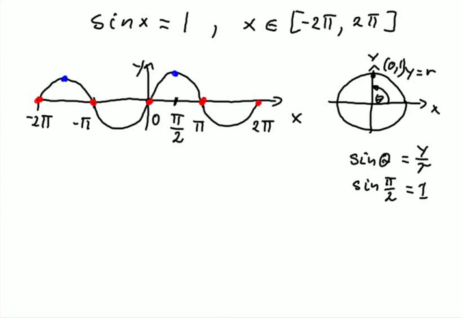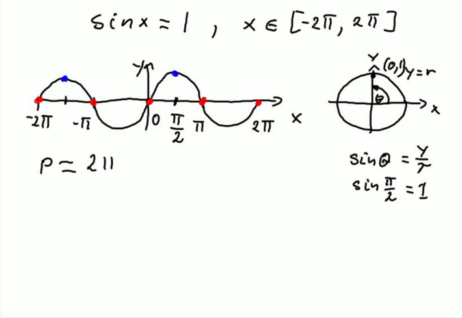Now, how do I know what is the value of the angle right here at this point? You may remember the period of this function, sine x, is equal to 2 pi radians.